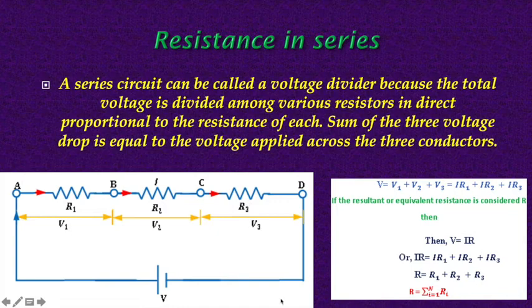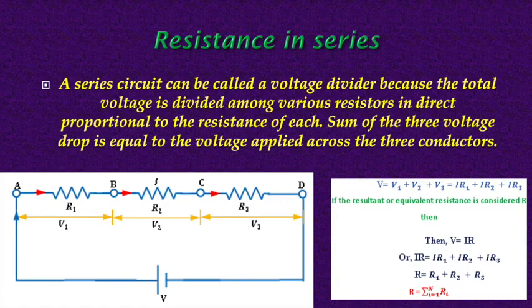If the resultant or equivalent resistance is considered R, then V equal to IR. Then we get IR equal to IR1 plus IR2 plus IR3. Then we get R equal to R1 plus R2 plus R3. So equivalent resistance is just the sum of the resistances of the individual resistors.